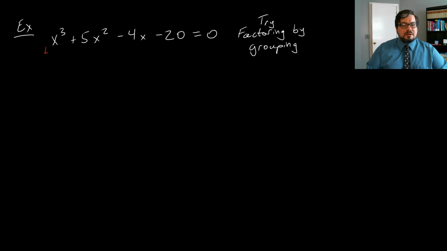So the way this works is we're going to look at the first two terms together and the second two terms together. And in each case, we're going to factor out the greatest common factor just of those two terms.